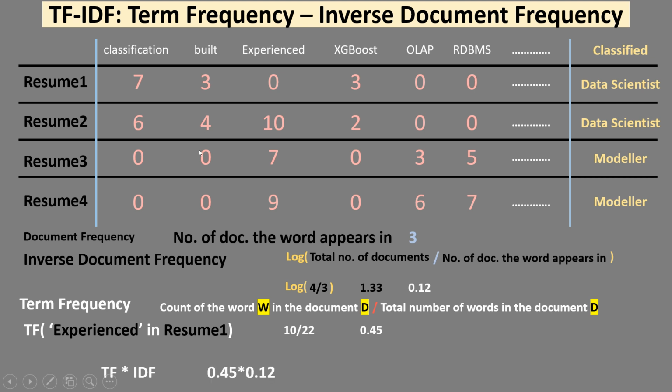It is nothing but the product of the value which you found in TF and the value which you found in IDF. So 0.45 is what you found in TF, and 0.12 is what you found in IDF. When you solve this, you get 0.06. So this is how you can solve a problem using TF-IDF. This is just another way of representation.